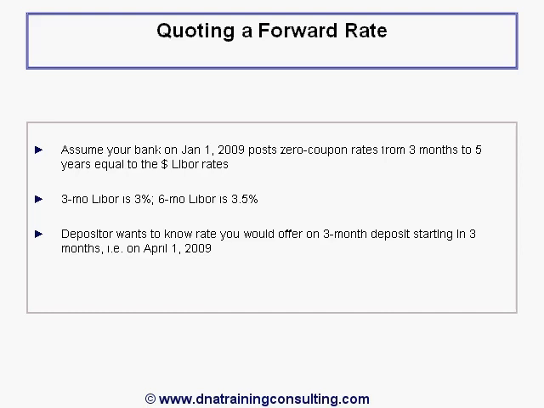In the vocabulary of financial markets, we would say that she is asking you for a 3-month forward, 3-month rate on LIBOR. We also denote this rate as the 3 times 6 forward rate, where the first digit indicates the number of months from now until the start of the period in question, while the second digit indicates the number of months from now until the end of that period.